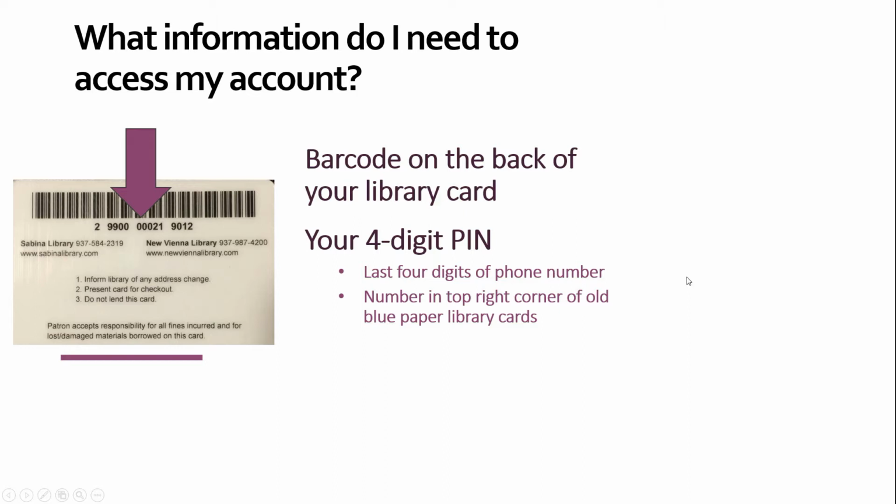If you're having trouble with your 4-digit PIN, it could be because we do not have an updated phone number for you on record. So if you run into any problems using your barcode and your 4-digit PIN to log into your account, please reach out to us at the library and we can verify that information for you.